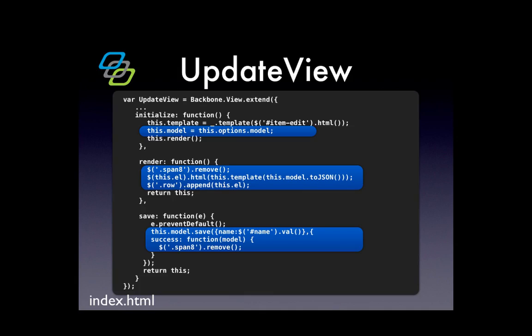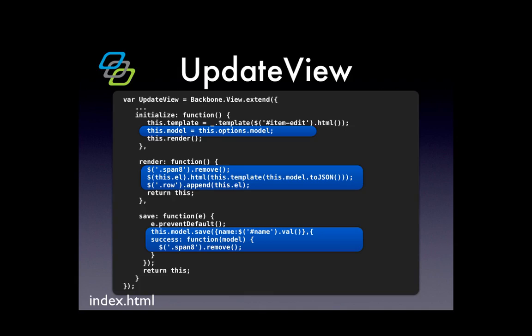Then inside of my render function, you can see that I'm passing into my template this.model.toJSON, so that'll pass that specific wine name into my template and it'll render into the form. And then when I save it, I'm doing this.model.save.